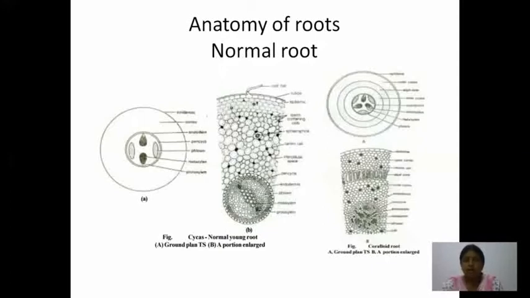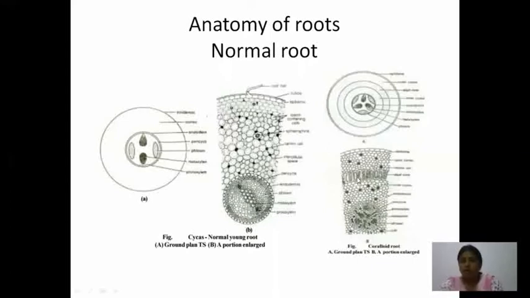This is the normal root of Cycadaceae. Whereas in the coralloid root, you will see that in the cortical region, here you see the triarch condition of the stele, and this is the xylem. Three groups of xylem are alternating with phloem.